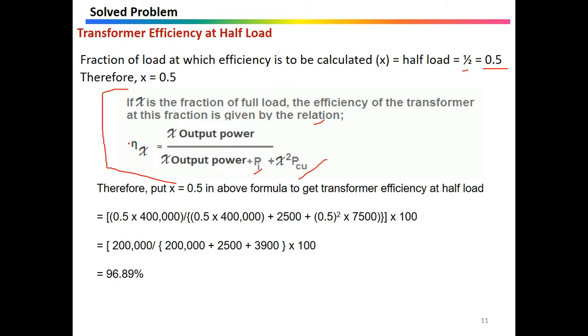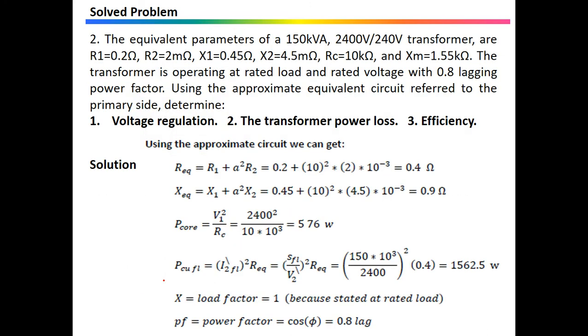Efficiency, written as eta, has the output power multiplied by the fraction x, and in the copper losses it will be x squared. Putting the value of x or zeta as 0.5 in the formulation and solving, we have an efficiency of 96.89%. So this is how we can solve problems related to this.